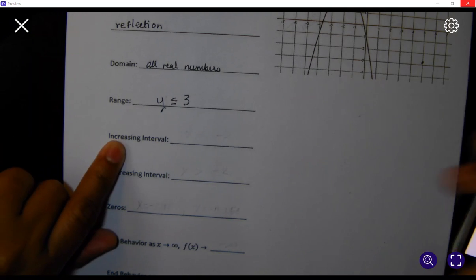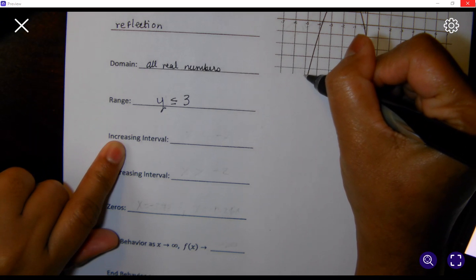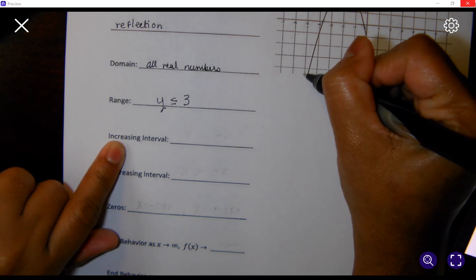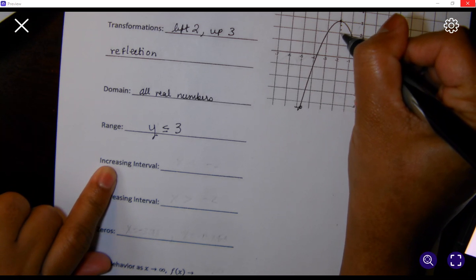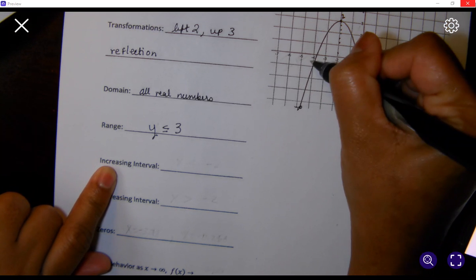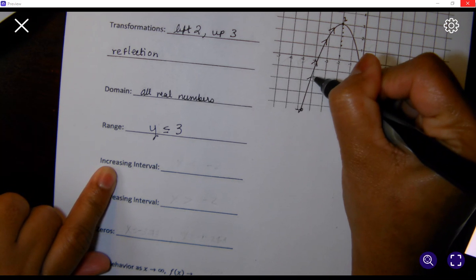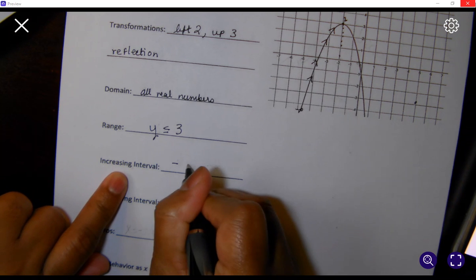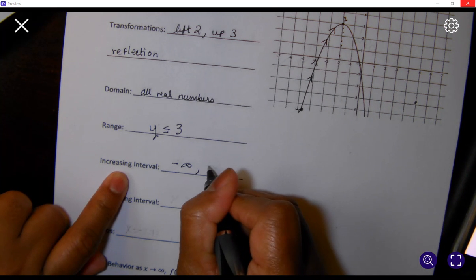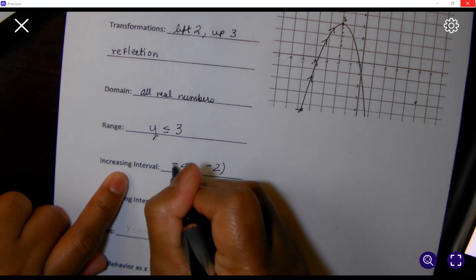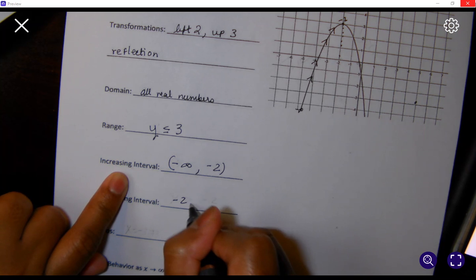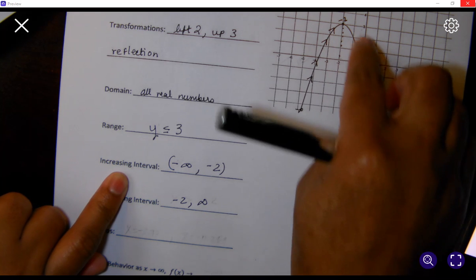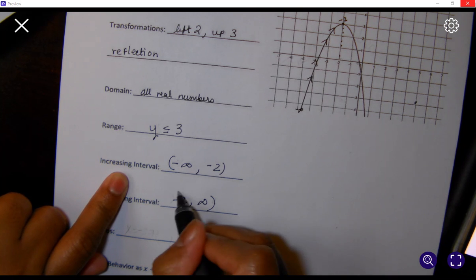Increasing and decreasing: from -infinity until -2, it is increasing, and then from -2 until +infinity, it's decreasing.